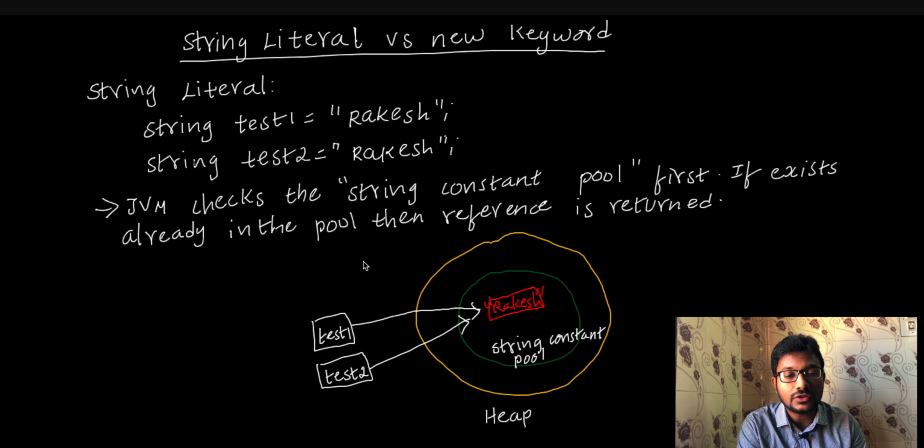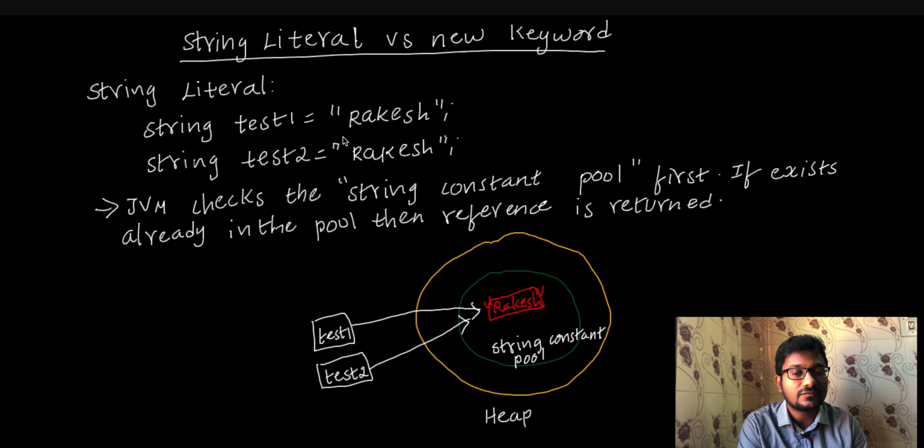First the JVM executes this statement. While executing it, the JVM checks the string constant pool first. If the value Rakesh already exists in the string constant pool, then it will return the reference of that existing value to the variable.